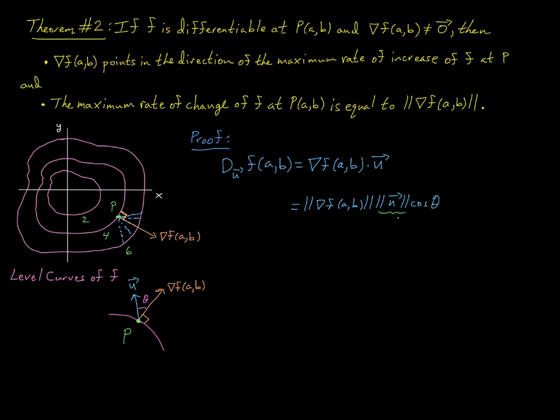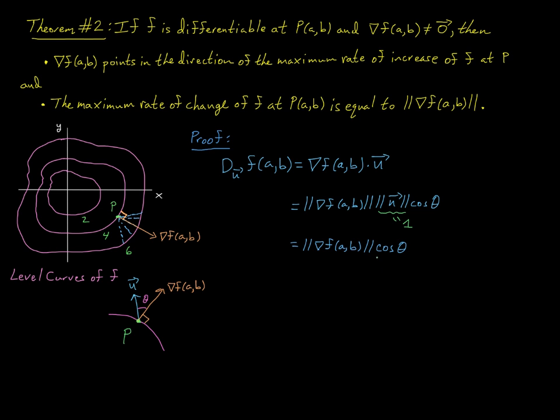Now, the other thing to note here, what's the magnitude of the unit vector? Well, it's a unit vector, right? So that's 1. So this, in fact, is equal to the magnitude of our gradient times the cosine of theta. Okay, so if I want this thing to be as large as possible, what do I want?